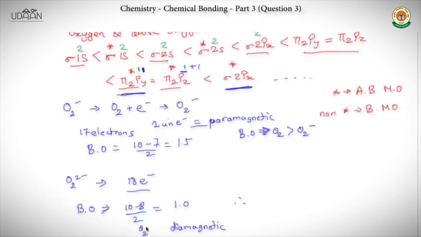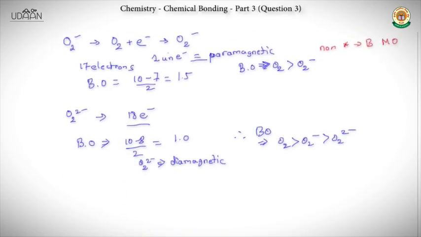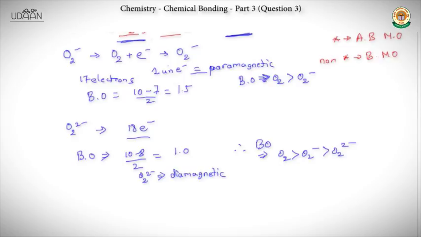Alright, so it is diamagnetic, has a lesser bond order than O2 minus and O2, which consequently means that it is less stable and has a longer bond length than the two preceding molecules. So now if we have to try and solve it for O2 plus, can we just remove one electron from pi 2pz, or how do you think we should go about it?